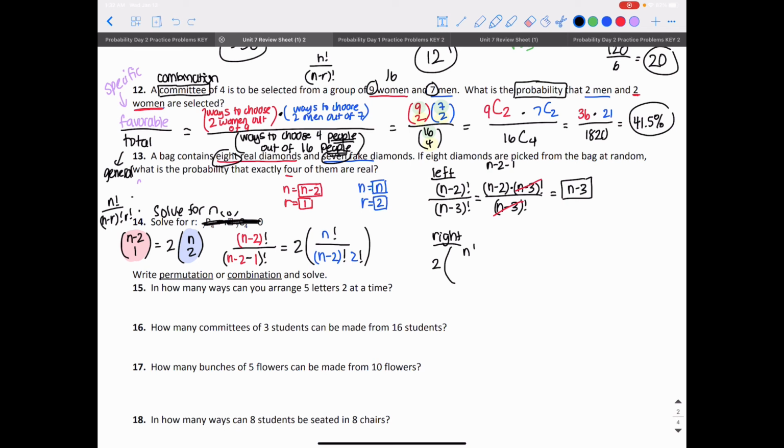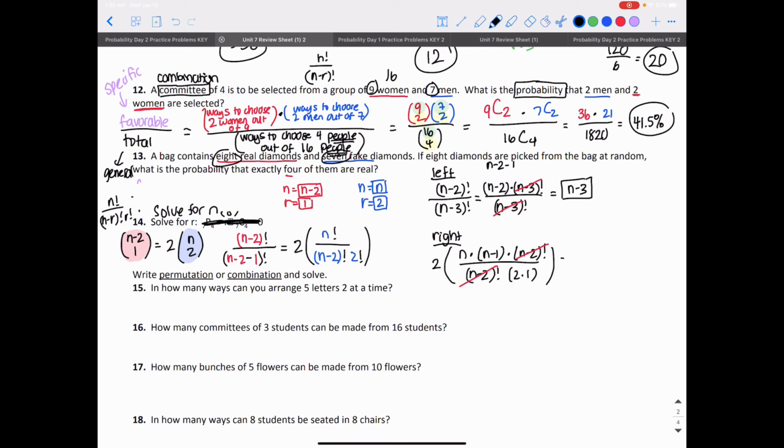So I'm going to rewrite n factorial as n times the next consecutive whole number down from that, subtract 1 from that, so n minus 1. Then the next consecutive whole number down is n minus 2. I'm going to end there because that's what I have in the denominator. So I have n minus 2 factorial in the denominator times 2 factorial, which is 2 times 1. I'm going to cancel out the n minus 2 in the top and the bottom.